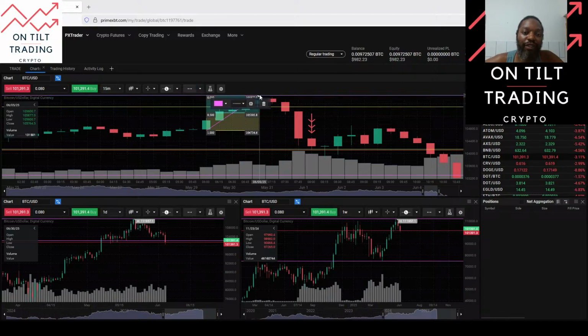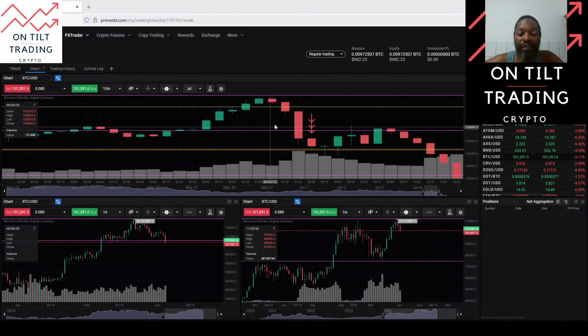creates, with this break of structure, we get a new structural range set up here on the 15, and then based on how I'm trading currently, when this price action fails here, this trade would no longer be valid for me, so I would remove this and would never enter because I never got a confirmation on the continuation to the long side here, and then had the trade fail.